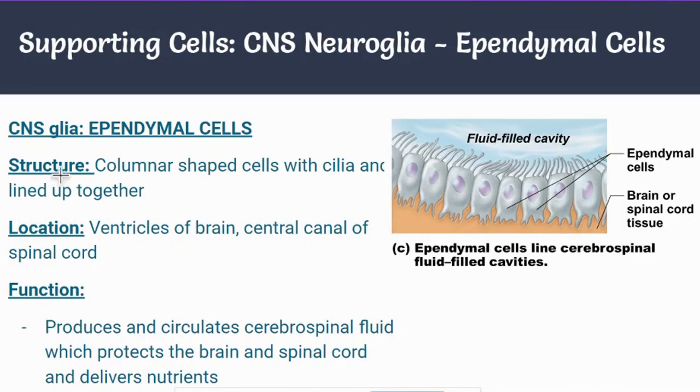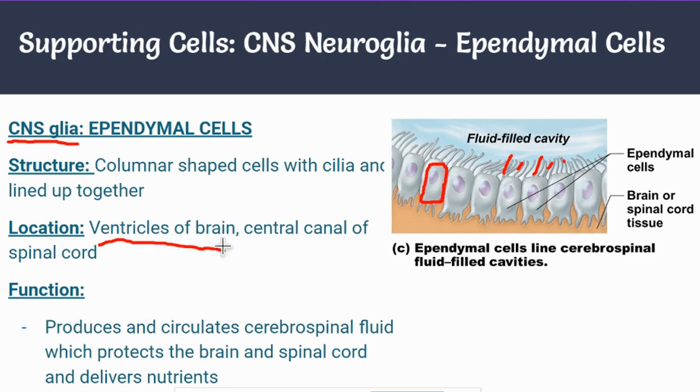All right, the next glial cell, which is in your CNS glia. So remember, central nervous system glial cells is the ependymal cells. Columnar shape means they're like a column, so they're not flat like a squamous cell. They have cilia. Those are these little hairs sticking off like this, and they line up together. Their location, ventricles of the brain.